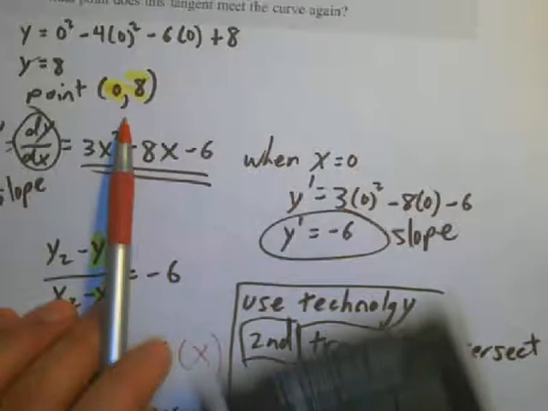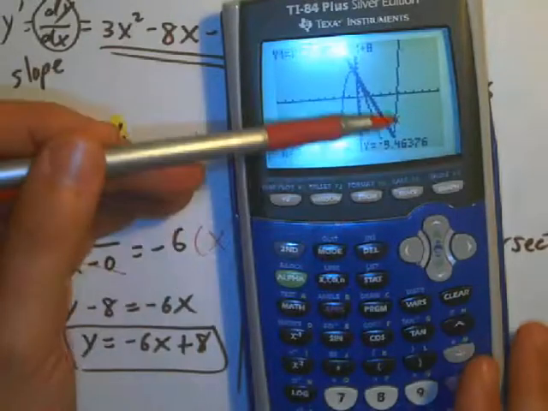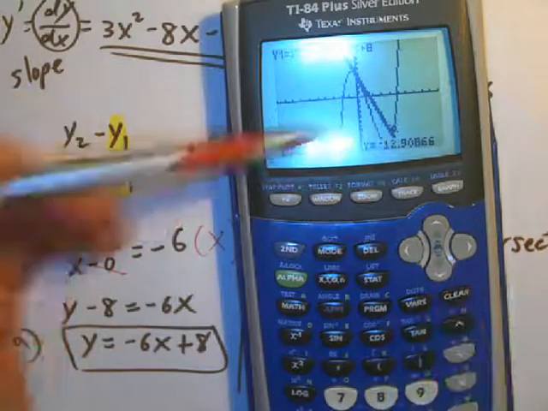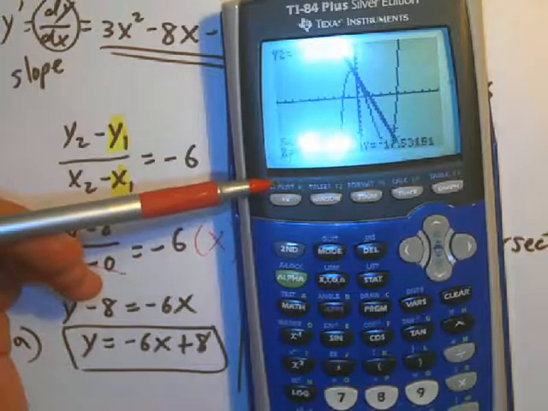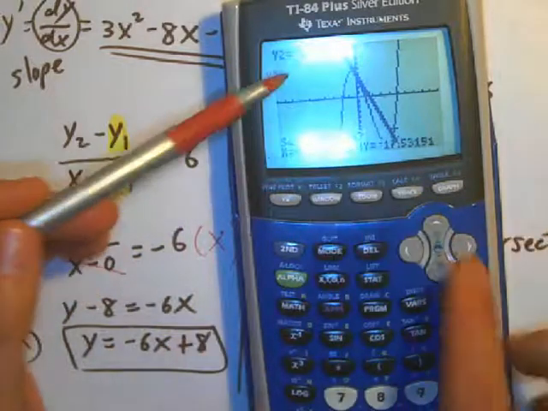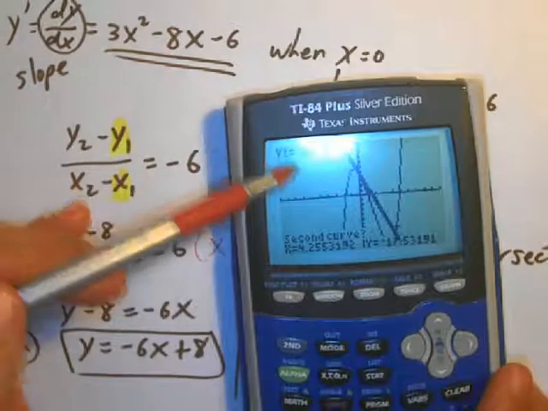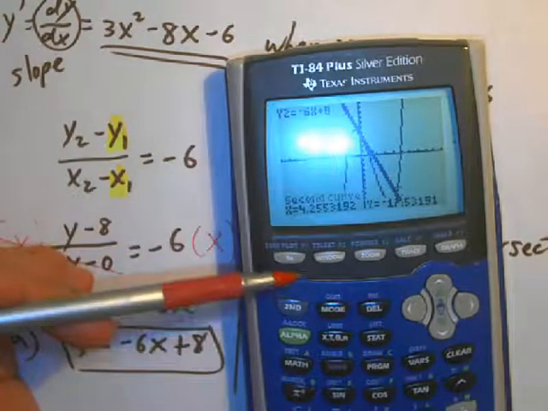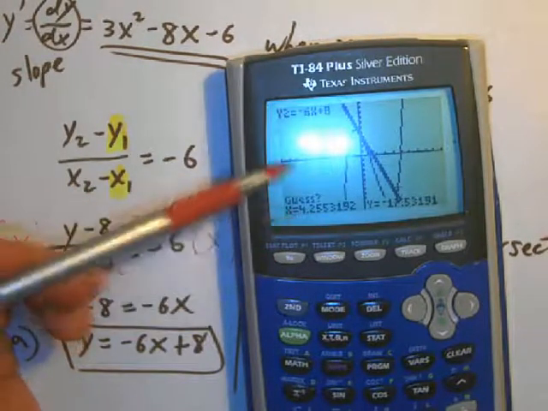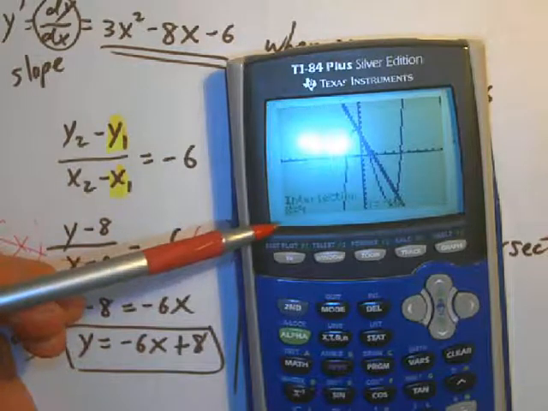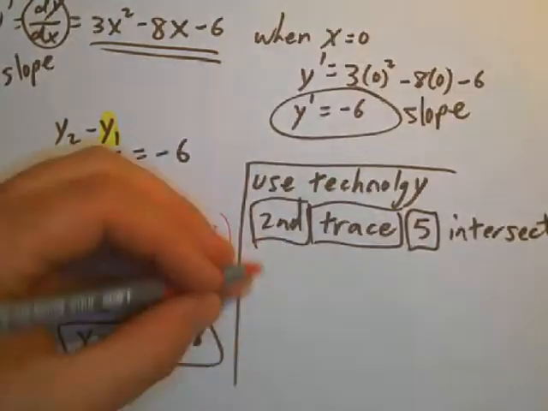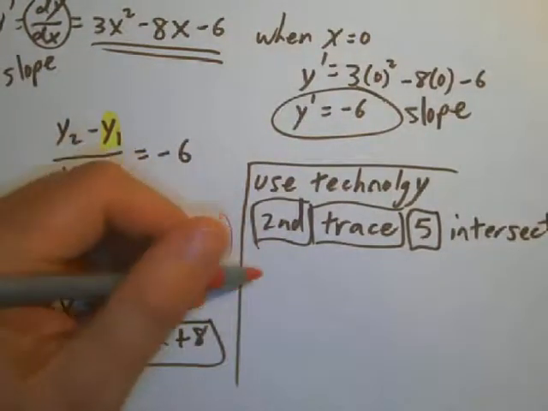So we want this other intersection, so I move it kind of close to it. It doesn't have to be exact. I hit enter. It says second curve, and it's got the equation of the straight line. Great. So then I hit enter again. It says guess. We hit enter again, and then it says the intersection is (4, -16).